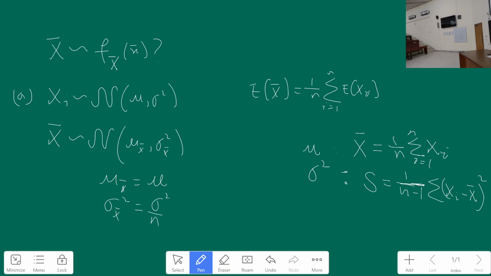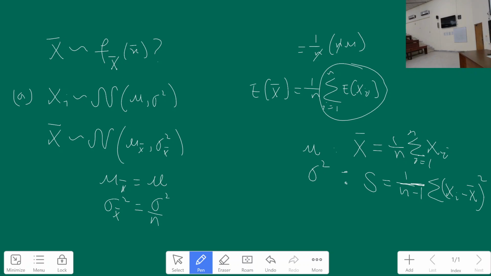So how many mu's here? 1 over n times mu plus mu up to n mu's. So this is n. So mu x bar, the mean of x bar, is the true mean. So this is a good estimator, especially if xi are Gaussian distributed.